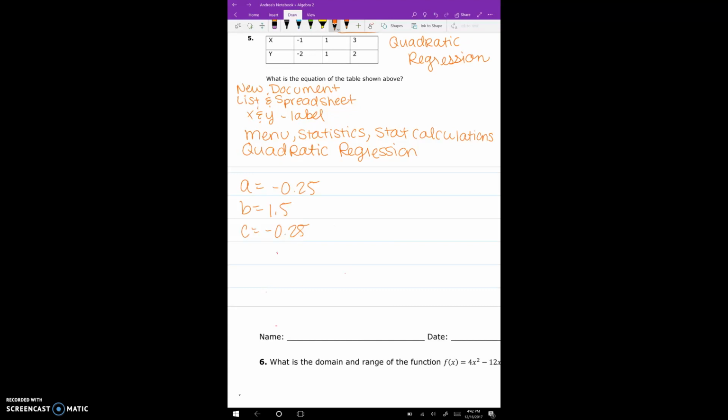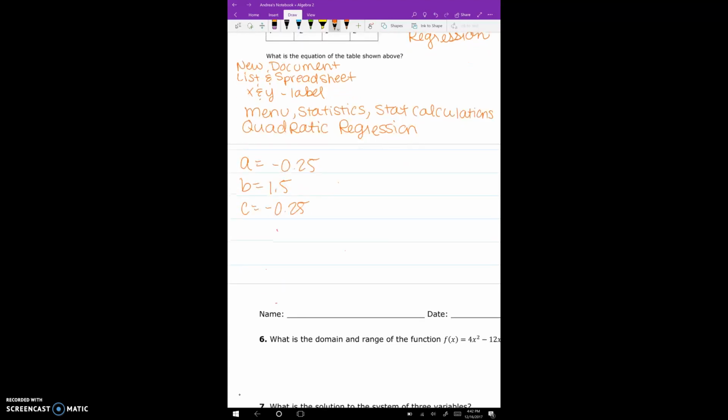So my equation is y equals -0.25x squared plus 1.5x minus 0.25. And that's something that I would do in my calculator on the exam.